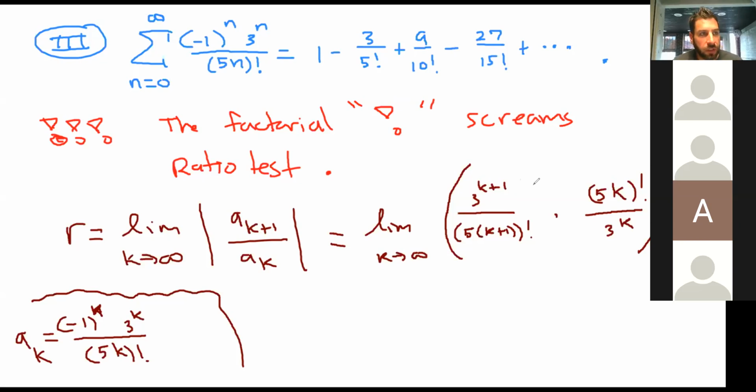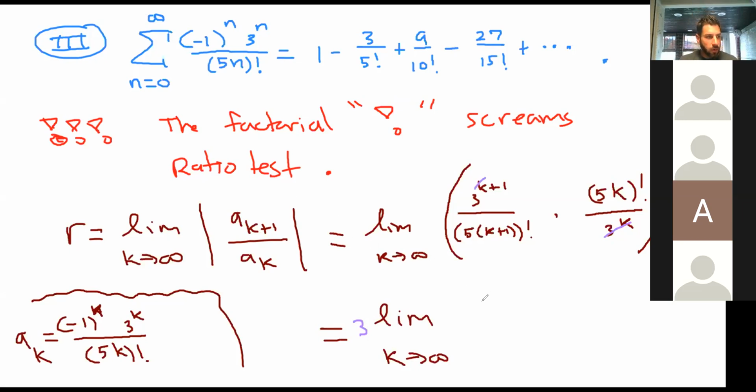Now, a lot of this stuff is going to cancel, so we have to be very careful how we do this. The first thing I want to do, I don't want to mess with the factorials yet, but let's just cancel out what we can cancel. Let me take another color, maybe pink. This 3 to the k will cancel with this power k up here, and all you're left with is a 3. So I'm going to pull that out front.